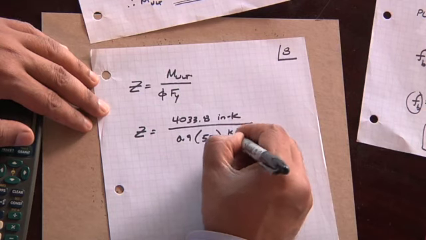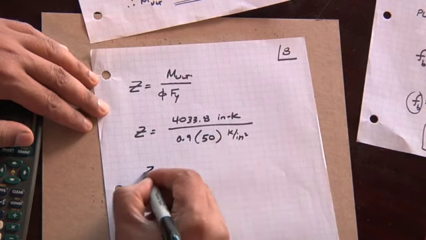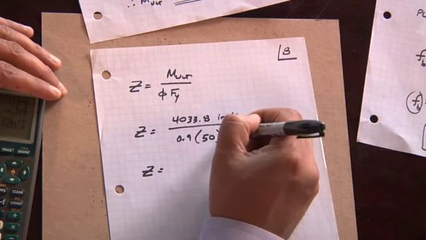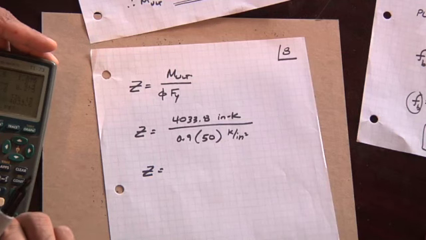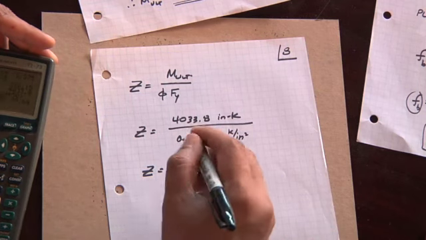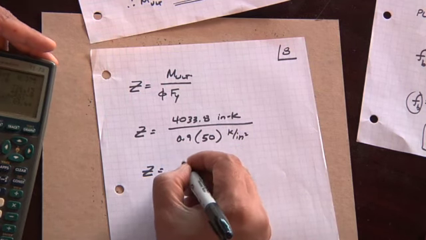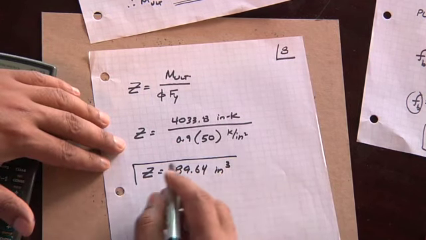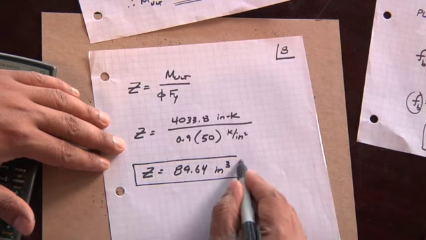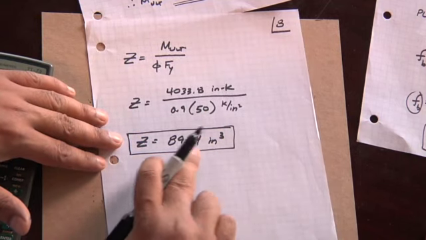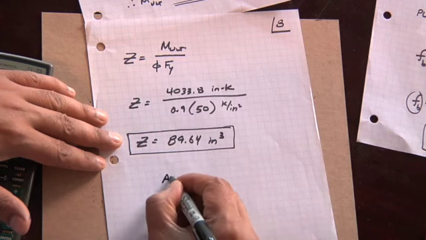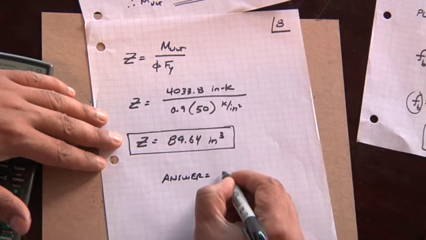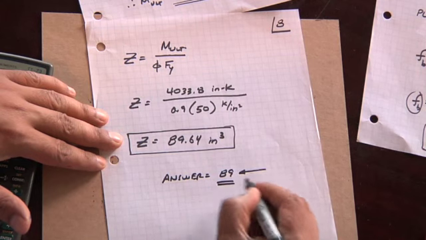We have consistent units, kips per inches squared, so Z will come out in inches cubed because these units will cancel. And so let's see what that number is. 4,033.8 divided by 0.9 times 50 gives us 89.64 inches cubed. And this is a multiple choice test, so you'll see that one of the answers that they give you is 89, so that would be the one that you would select.